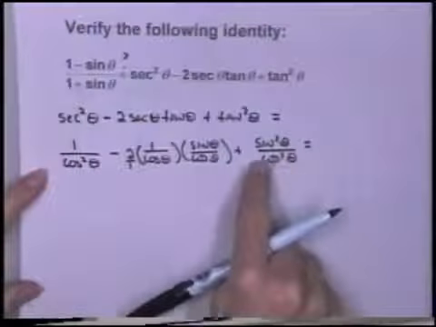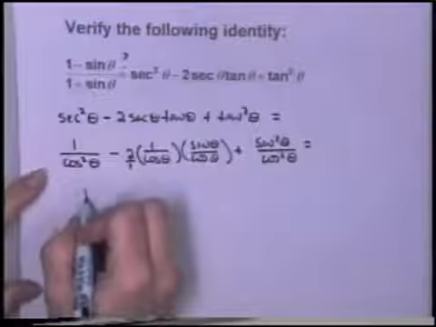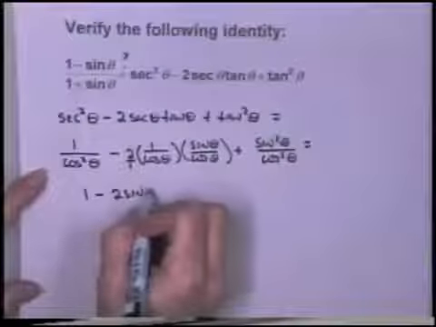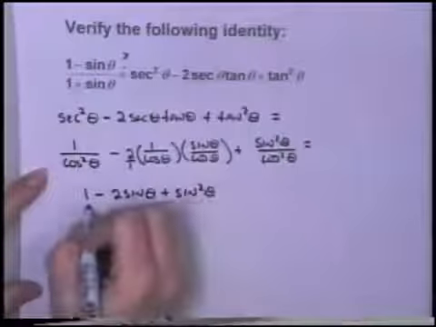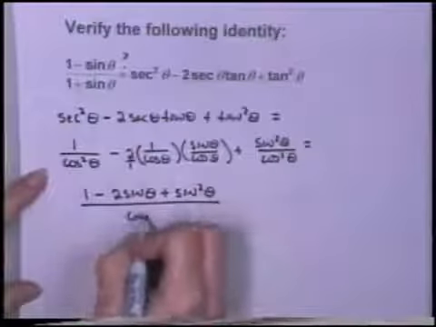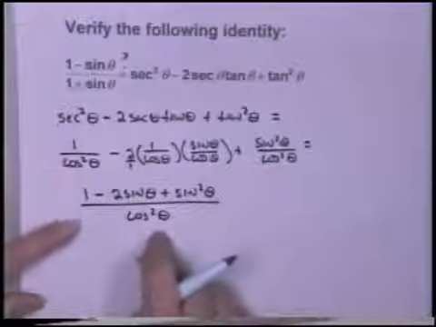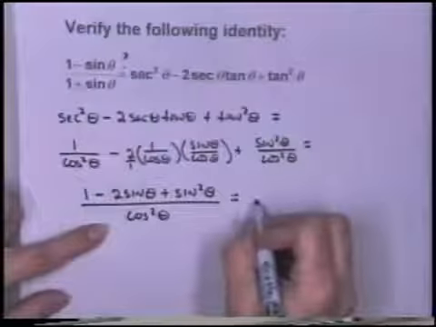Now remember that 2 is over 1 right there. Look, cosine squared here, cosine squared here, cosine squared here. I have a common denominator. So let's just bring all that down. 1 minus 2 sine theta plus sine squared theta is all over that common denominator of cosine squared theta. I didn't even have to get a common denominator. It's there.